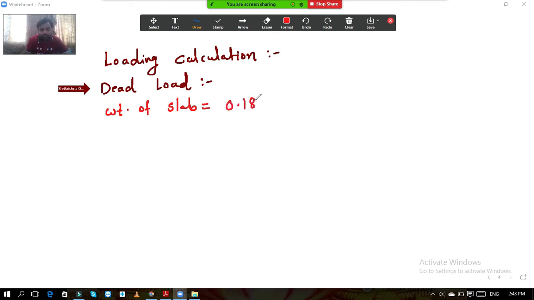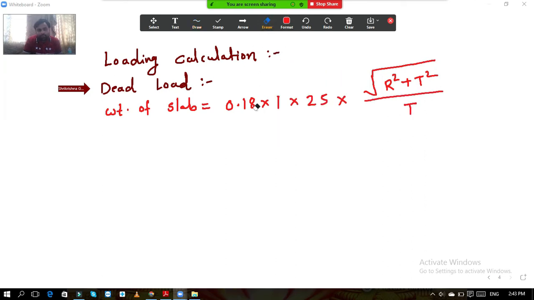This is our overall depth into per meter width. Okay, into 25 into. Now waist slab is inclined. So I have already told you the factor which we used over here. It is under root R square plus T square and whole divided by T. So in the next step you put the values. Here I will write only D. This is the overall depth D.